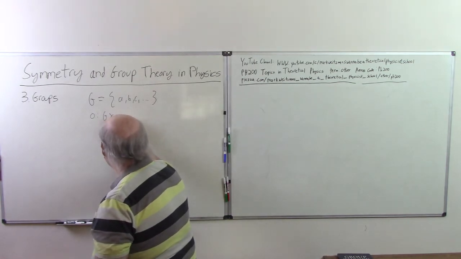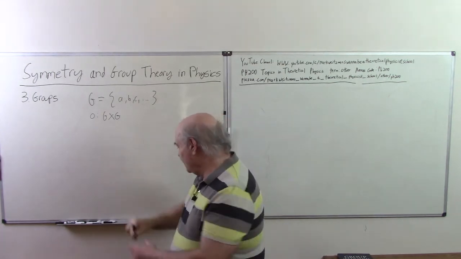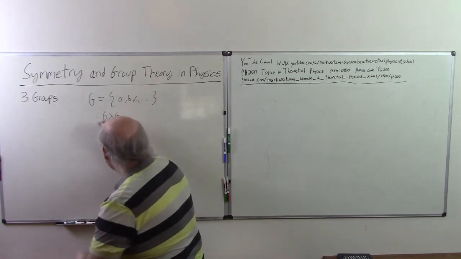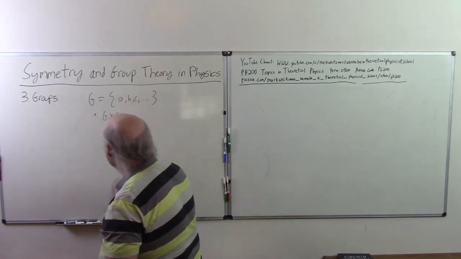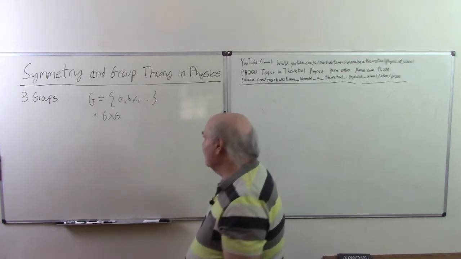I'm going to use fancy mathematical language here. So this O is meant to be composition. It's just the group operation. And most of the time we're going to leave it out, as I'll explain shortly.